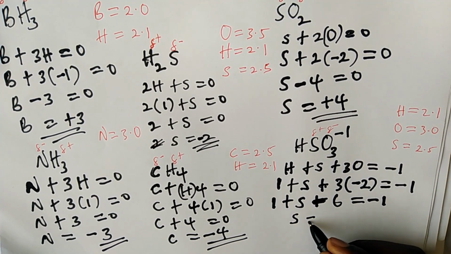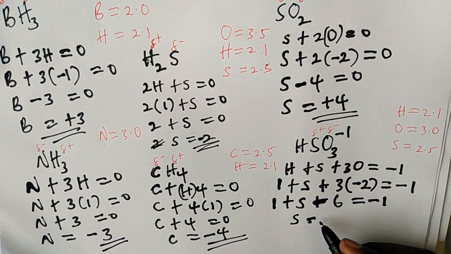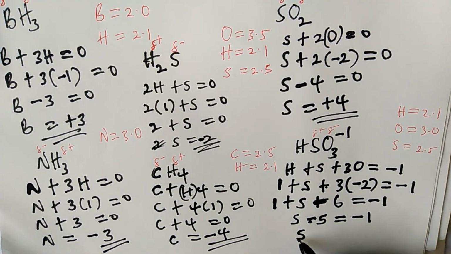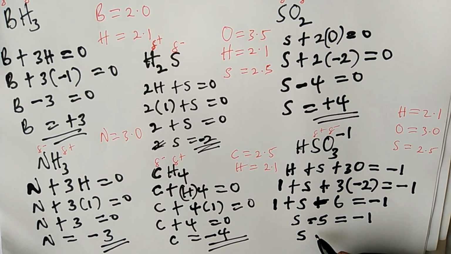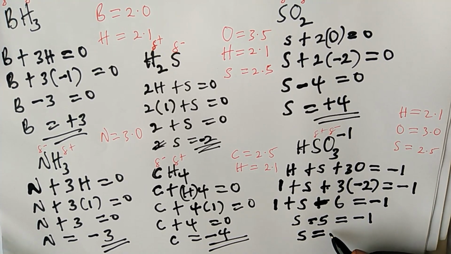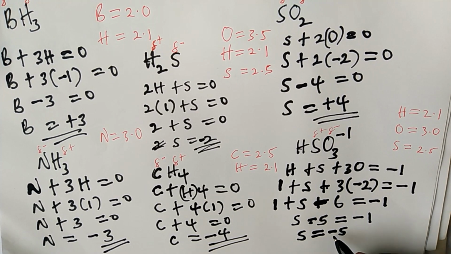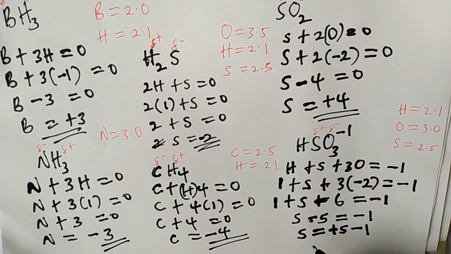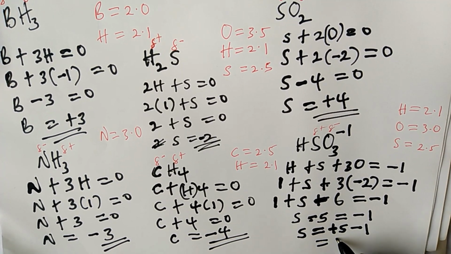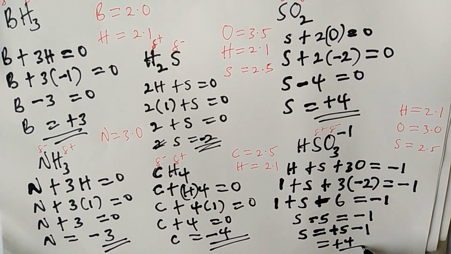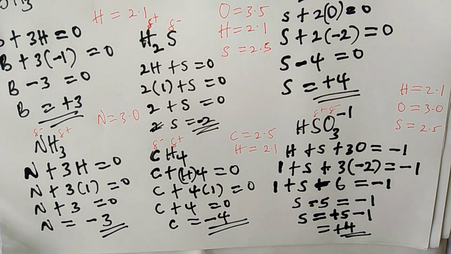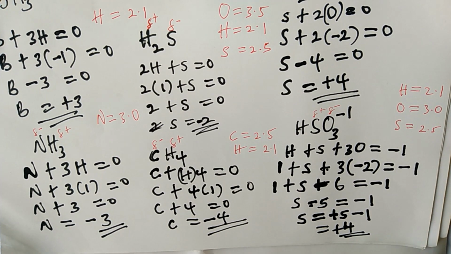So sulfur is minus 5, it's equal to minus 1. Sulfur, you carry it to this side, is going to be equal to minus 5 plus 5 minus 1, which is equal to plus 4. So this is our final answer, plus 4.